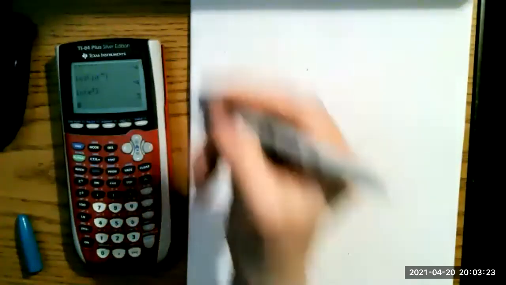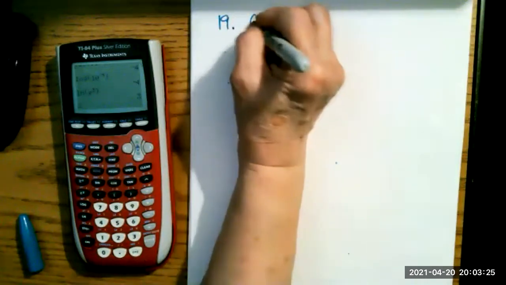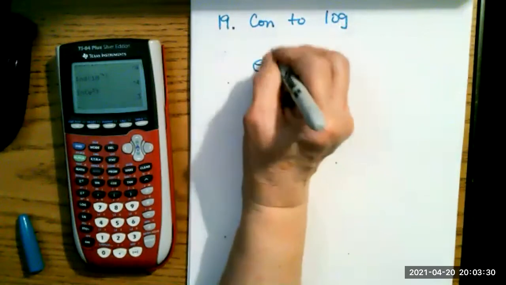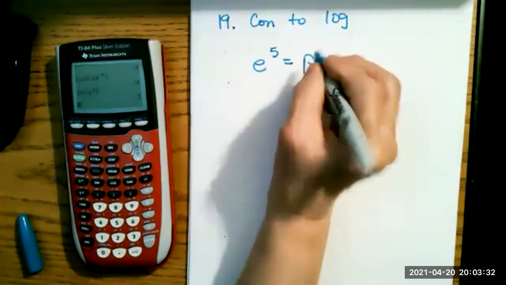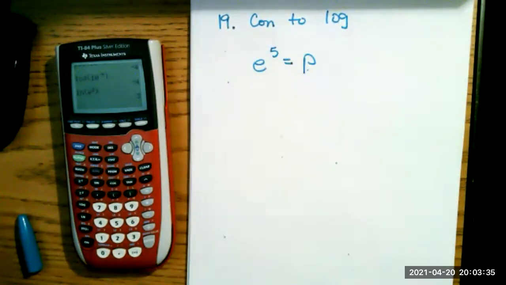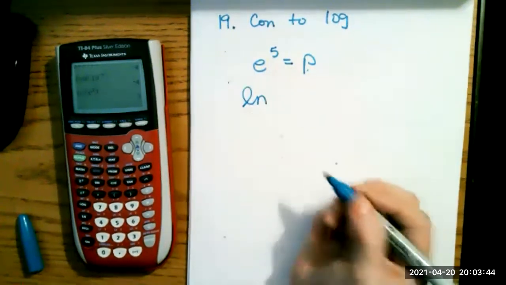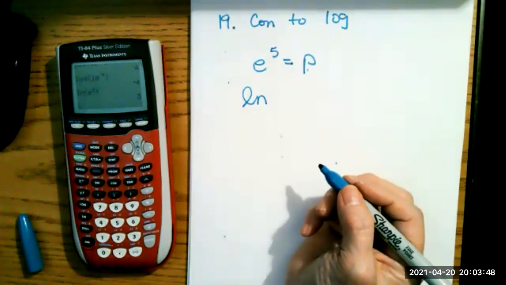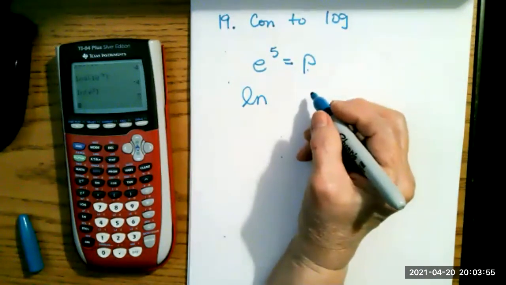Okay, 19. Convert to log. E to the 5th equals P. Now it's E, so you want to use ln. ln, where does the 5 go?